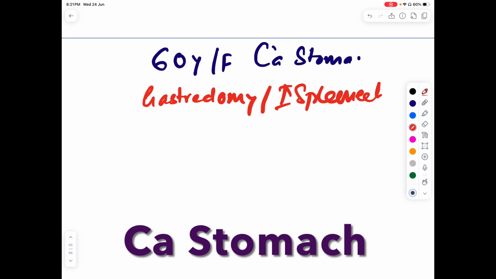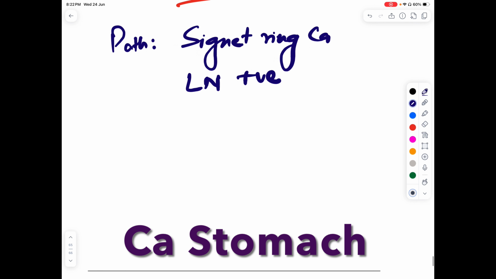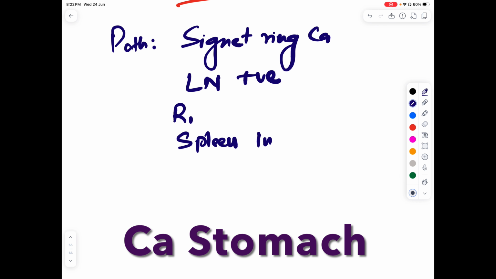Now the pathology report says signet ring carcinoma, signet ring cancer. Lymph nodes are positive. So this is R1, spleen involved. So how will this report be discussed?